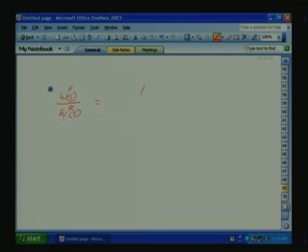Now, this will finally be of the form 1 divided by (1 plus 4sδ plus 8s²δ² plus 8s³δ³).